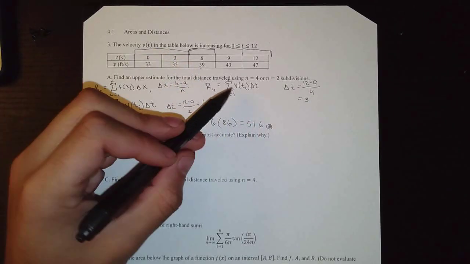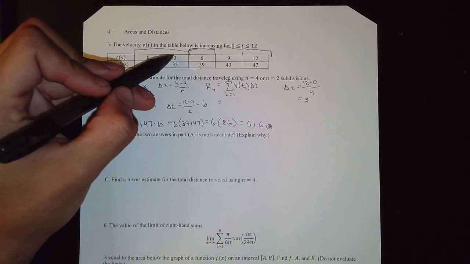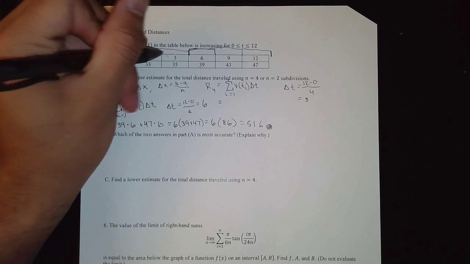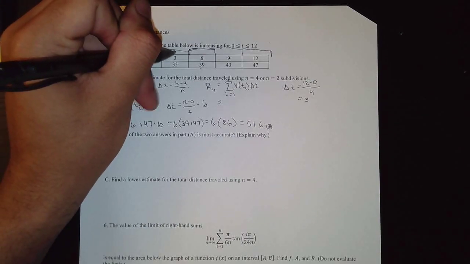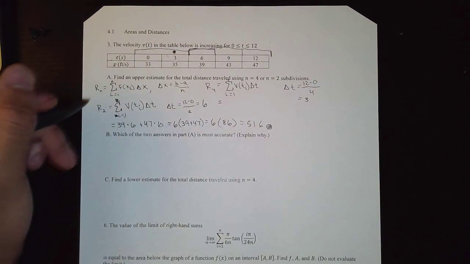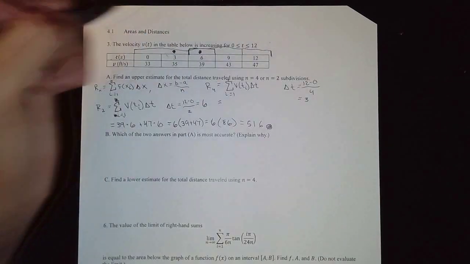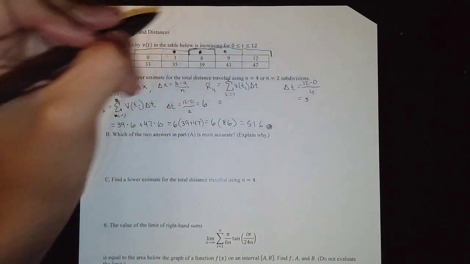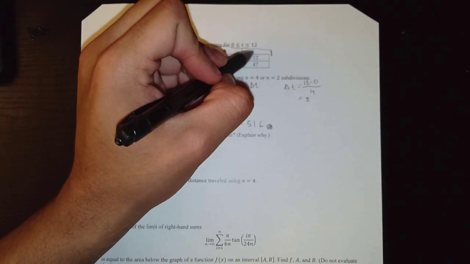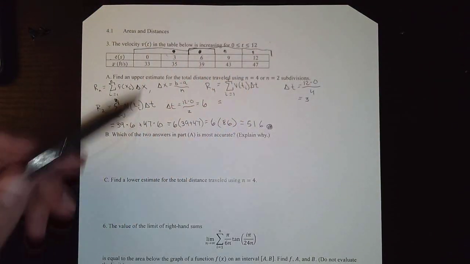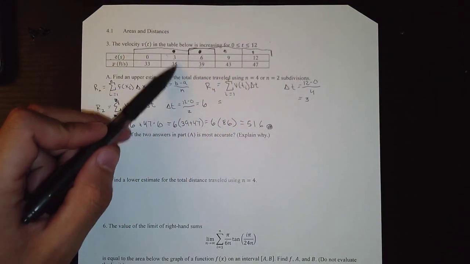So when I use this formula, I have to count every third. So this will be the first, this will be the second, this will be the third, and this will be the fourth. Because it's an upper estimate, we have to take the upper point of that interval.